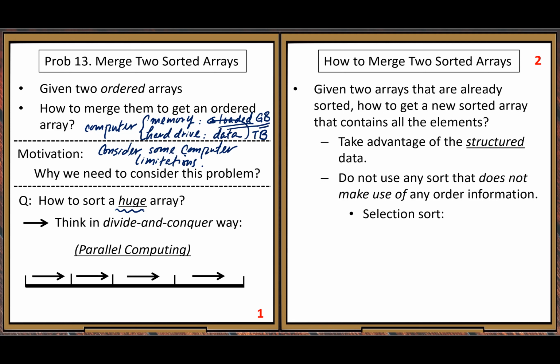Based on our experience, we have learned three sorting algorithms: selection sort, bubble sort, and insertion sort. We want to borrow some experience from these three sorting algorithms, but we need to pick the right one. So which one can provide us some helpful experience?